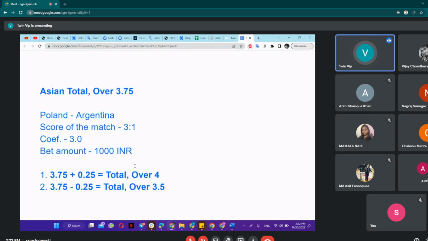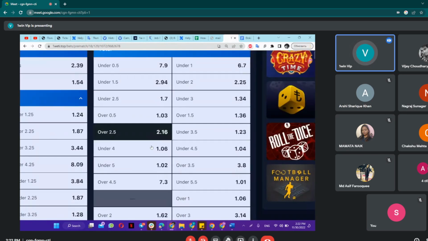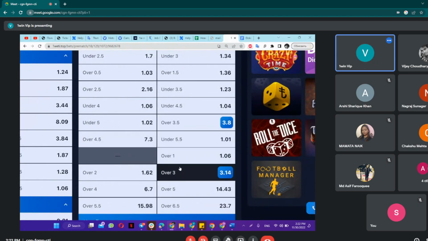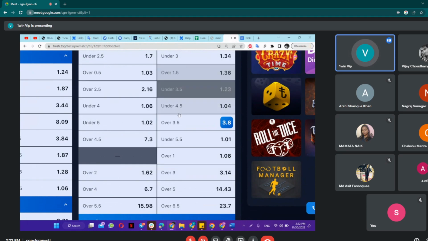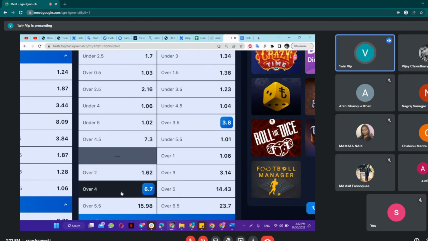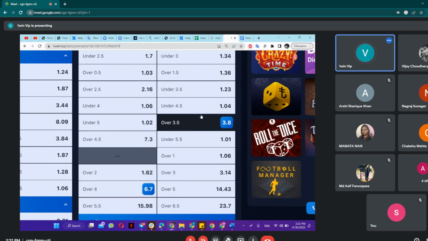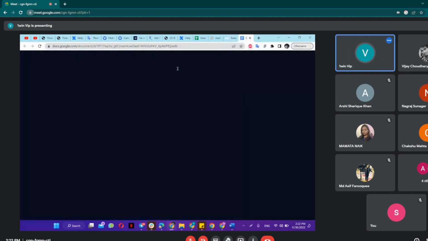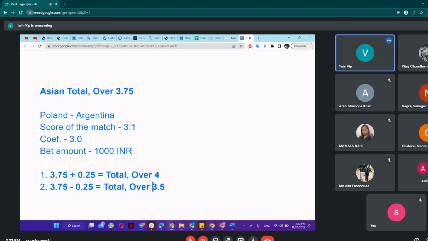We had total over 4 and total over 3.5. Two of these bets we already understand how to calculate, because we know how to calculate total. So we recalculated Asian total into two regular totals.